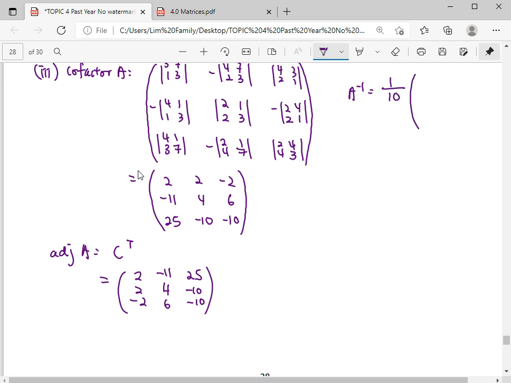We already found it in part A, so we cannot recalculate it here; we have to reuse everything we have. Then put in our adjoint. Make sure you do the multiplication inside, don't leave the value out there, and simplify.